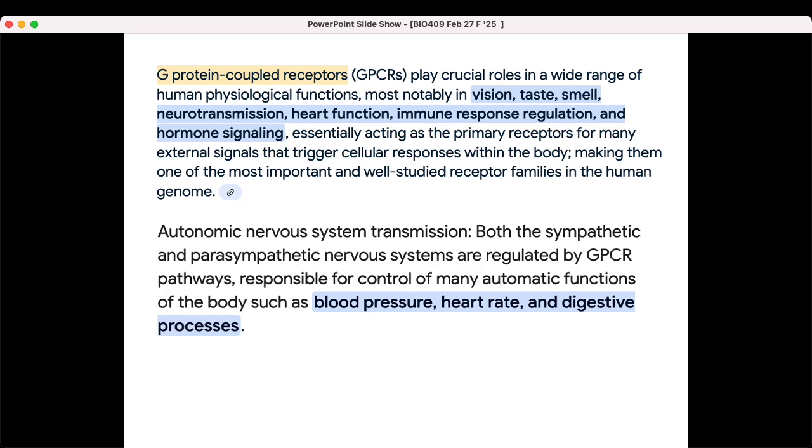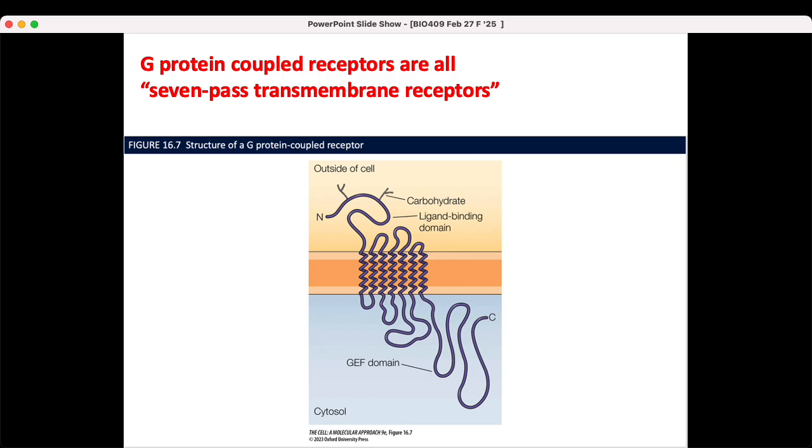People will say that about 70% of all pharmaceutical drugs work by regulating G protein coupled receptor pathways. That's how significant they are. The number varies somewhat, but you should think we have about 1,000 different G protein coupled receptors in the human genome. And they're called G protein coupled receptors for a reason: they're going to interact with a G protein, a trimeric G protein.